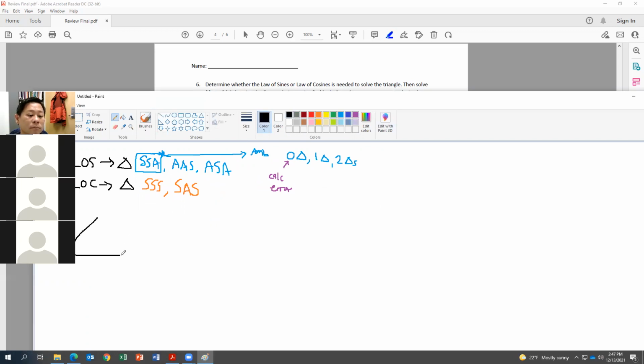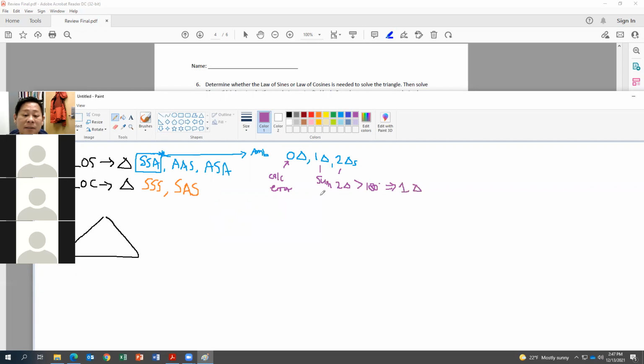It's, I think, less than 180. So you find the sum, and if the sum of the 2 angles is more than 180 degrees, then you only get 1 triangle.